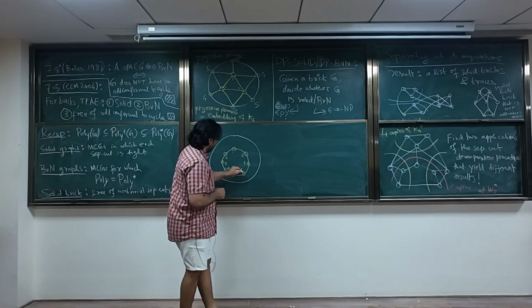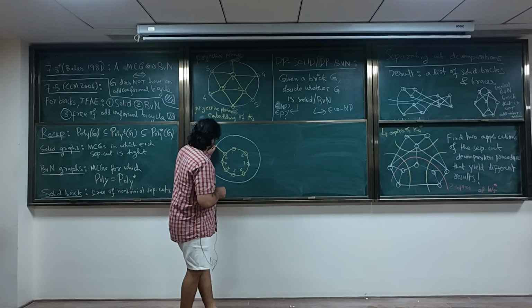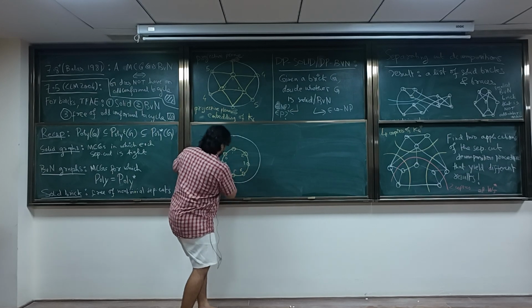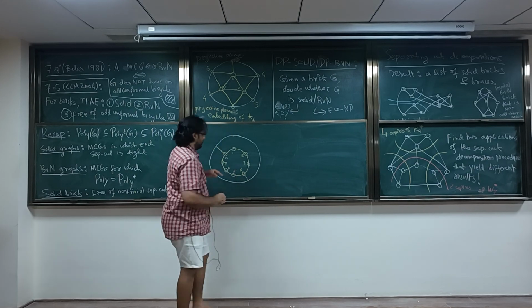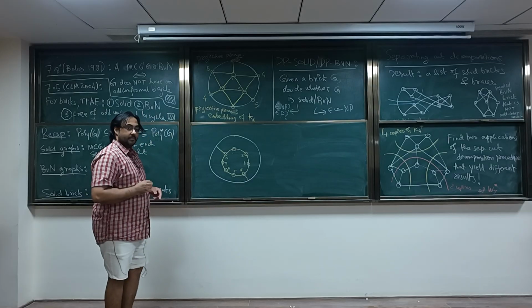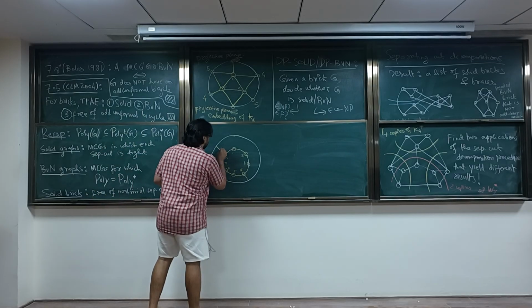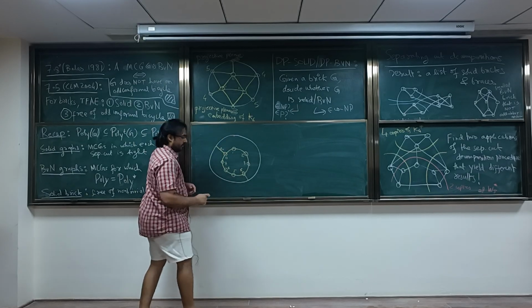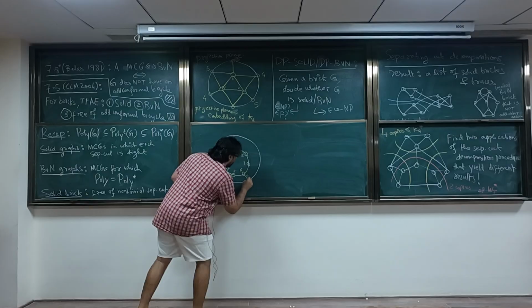One way to join 0 to 4, I can go here, but maybe I will just utilize the flexibility of my projective plane. I come out here and I go and finish here. Yeah, this is the same edge. Let me call this E0. E0 goes from 0 and goes to 4. This is also E0.